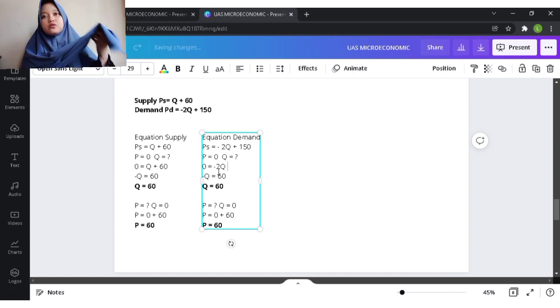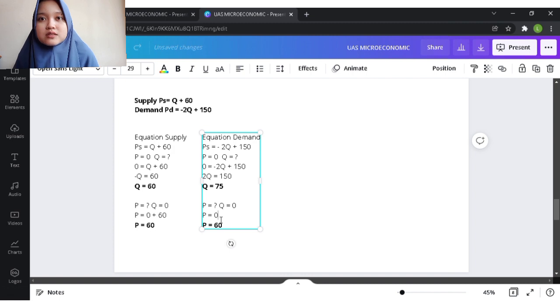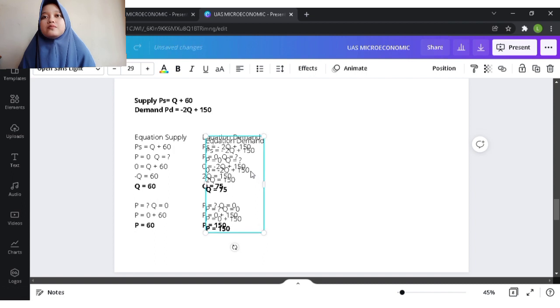So 0 equal to minus 2K plus 150, and we move minus 2K to the left side, so 2K equal to 150, so K is 75. If K is 0, how much P do we get? P equal to 0 plus 150, and we get P is 150.